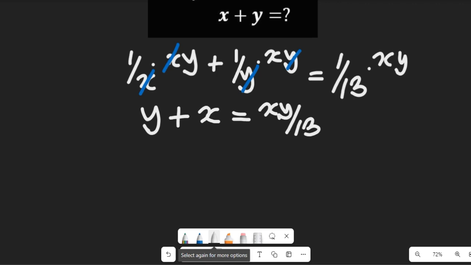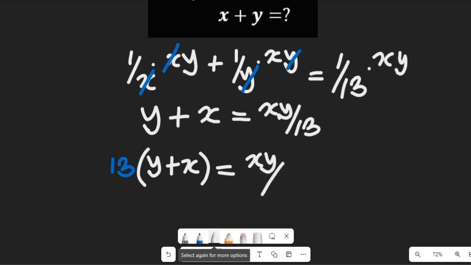We can still clear that up, and it's as easy as multiplying all through by 13. So if we multiply all through by 13, we'll multiply this point by 13, and then we'll multiply the other point by 13. So we'll have 13 times y plus x, and this will be equal to xy divided by 13 multiplying 13.